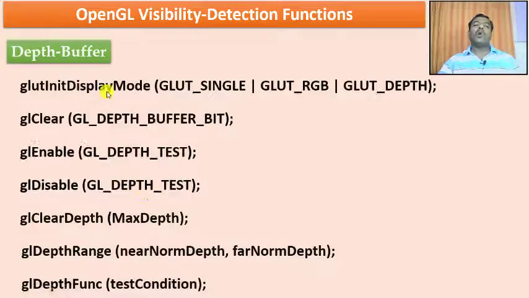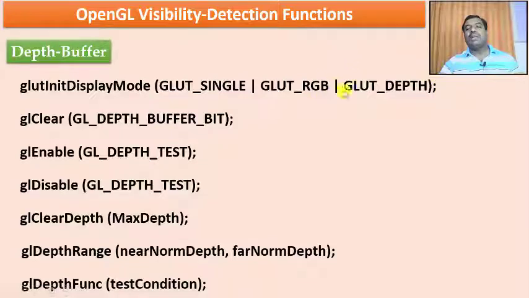And now I'm going to talk about the depth buffer, the algorithm which I just showed in the abstract in the previous slide. Because I'm using a frame buffer and I'm using a depth buffer, if I want to activate a depth buffer, then in the main function using glutInitDisplayMode, I need to enable GLUT_DOUBLE, GLUT_DEPTH, and GLUT_RGB.